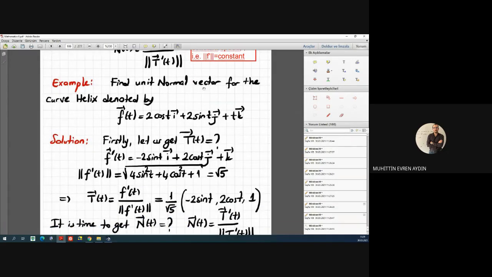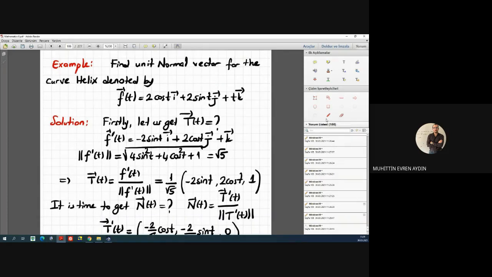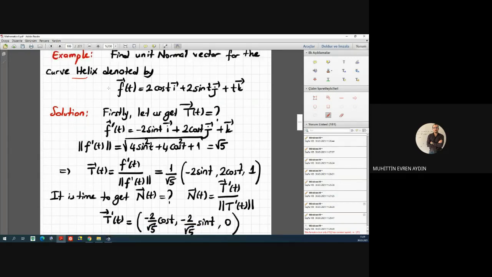Okay, find the unit normal vector for a special curve, a helix. A helix is a curve whose projection onto the plane spanned by i and j is a circle.